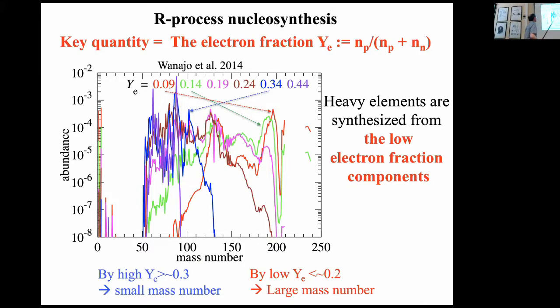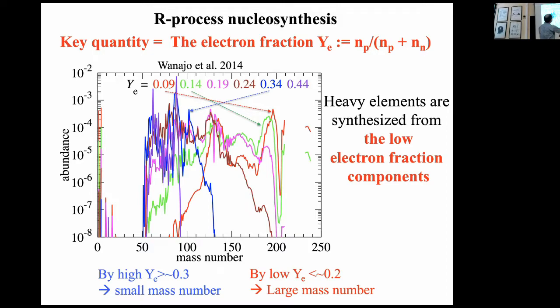These are some results from a nucleosynthesis calculation by Wanajo many years ago. He performed the calculation changing this Y. It shows that if Y is small, for example 0.09, then mainly elements with very large mass numbers, around 150 to 200, are synthesized.